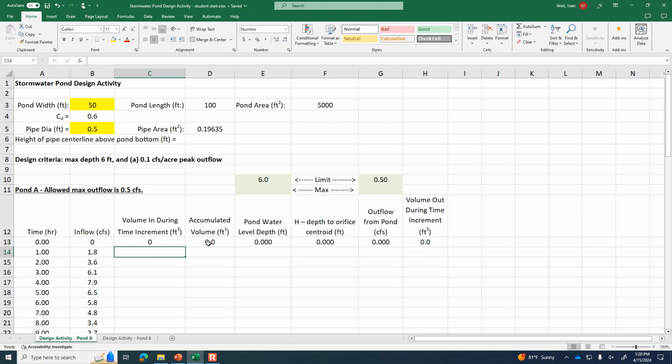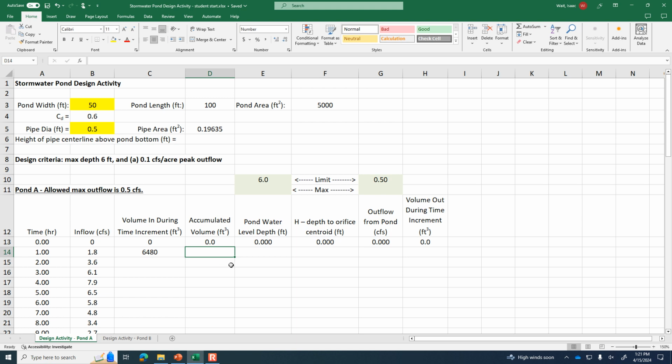Okay, so things get a little bit more interesting at time 1. The volume in will be this 1.8 cubic feet per second times 3,600. So during an hour, there's 6,480 cubic feet of water that comes into the pond.